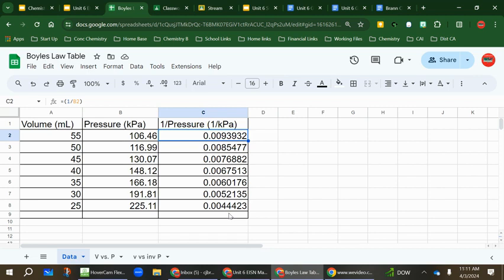It's also decreasing. What kind of relationship is that? If they're both decreasing, that's direct. That is a direct relationship. So by doing a little bit of math, we have created a direct relationship.